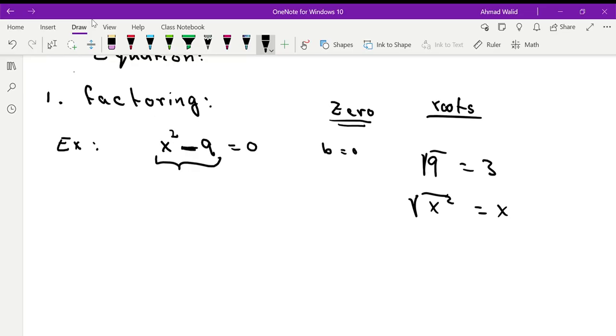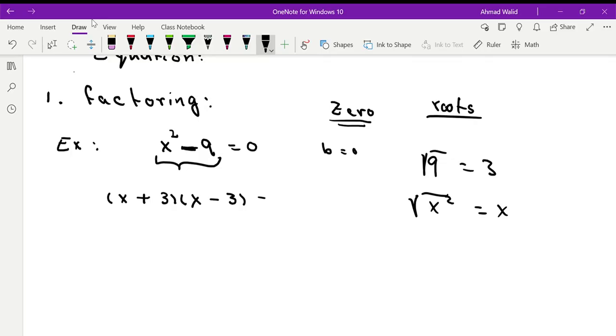And how to factor? You open two parentheses as a product. Take the square root of the first term and write down in both parentheses. And take the square root of the second term, which is 3, write down in both parentheses. How to choose the sign? One of the parentheses will become positive, one of them becomes what? Negative.